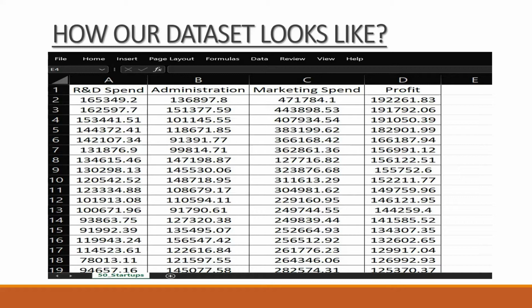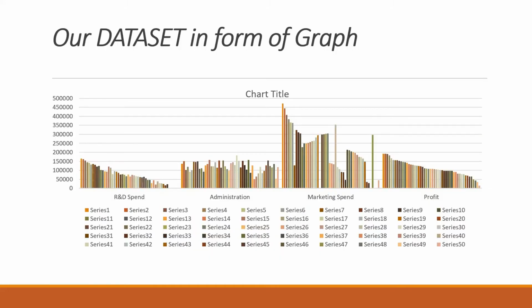So the next slide shows our data set in the form of graphs. In this we can see I have named the companies as series 1, series 2, series 3, series 4 and so on up to series 50, and categorically we have R&D spend here, administration here and marketing spend here, and also we have the profits on this graph.